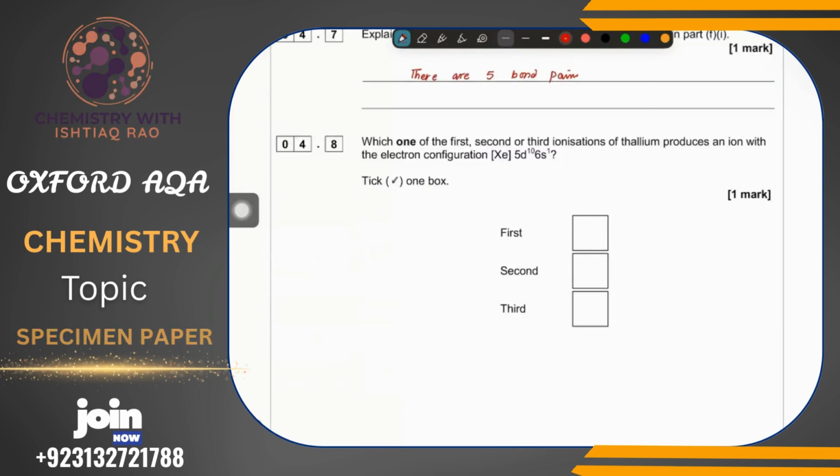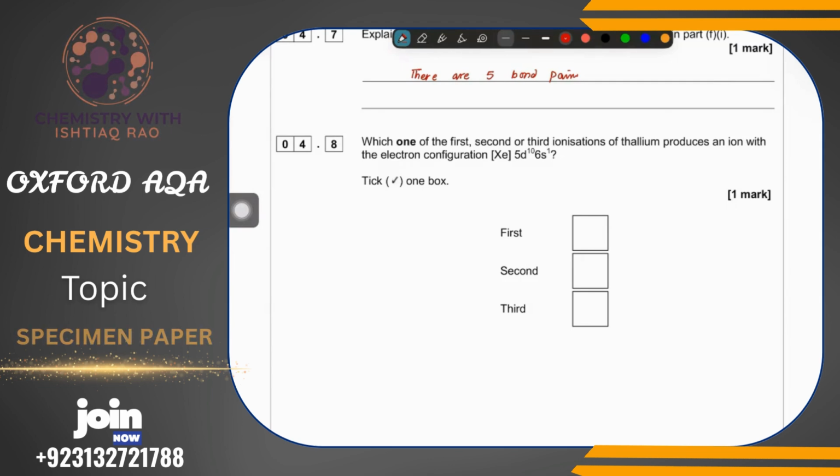Which one of the first, second, or third ionizations of thallium produces an ion with the electronic configuration of xenon, 5d10 and 6s1?